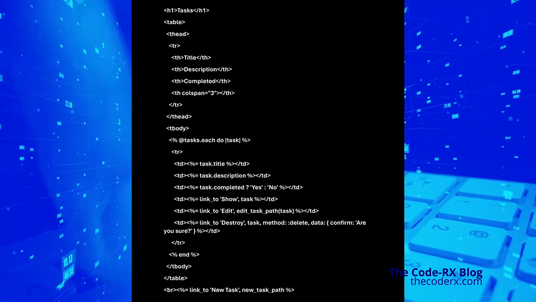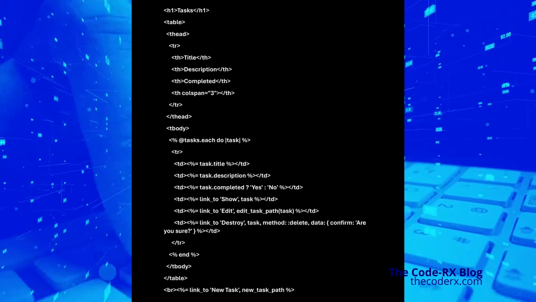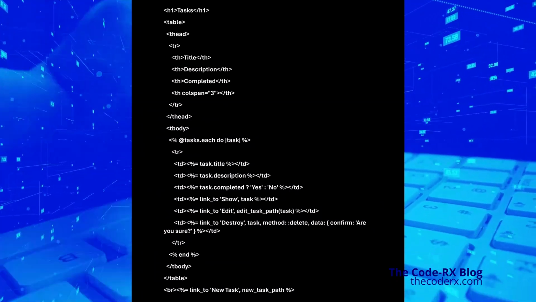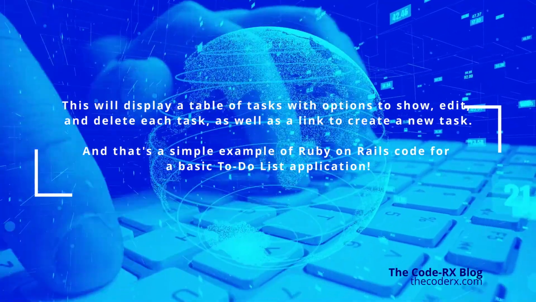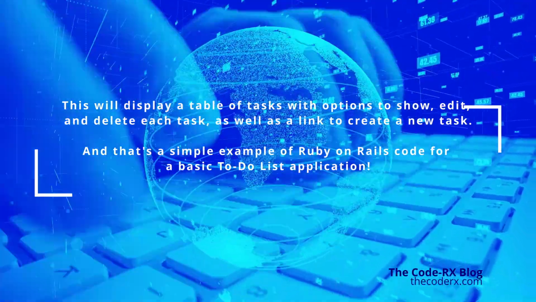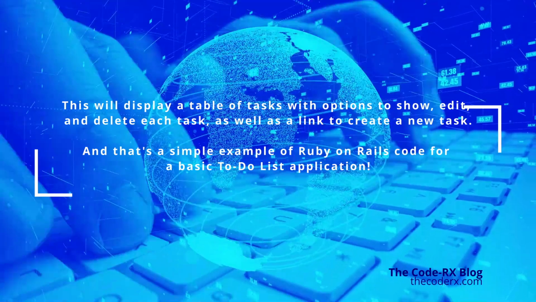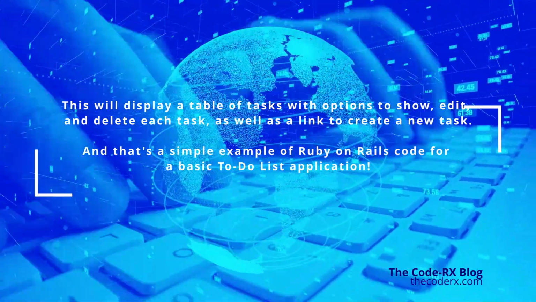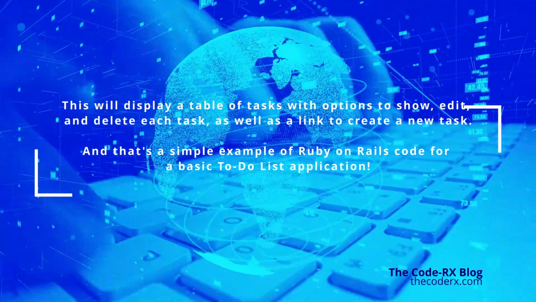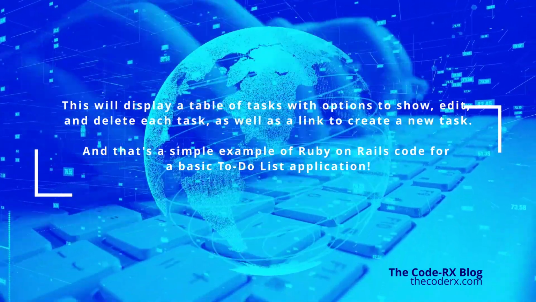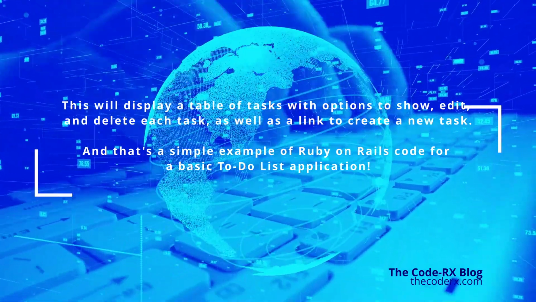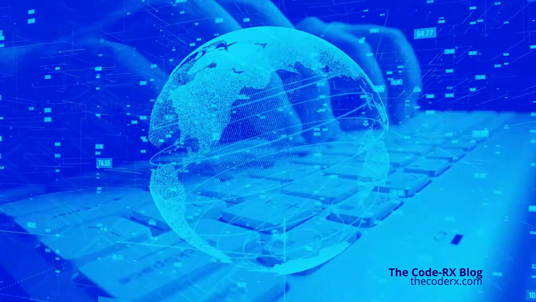Now, once we're done with this code, this will display a table of tasks with options to show, edit, and delete each task, as well as a link to create a new task. Now that's our first very simple example of Ruby on Rails code for a basic to-do list application.